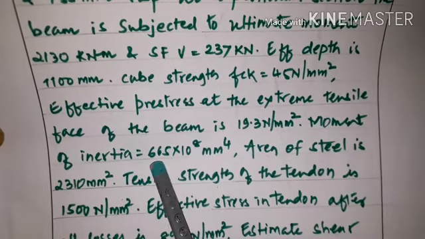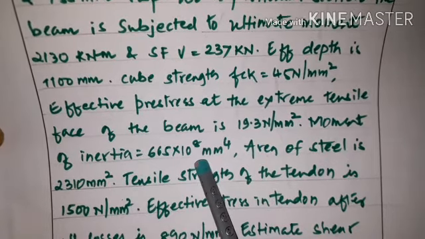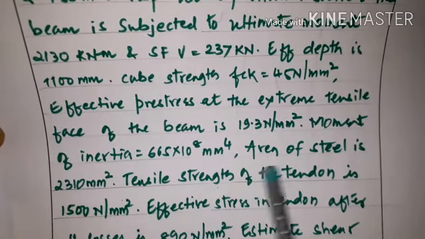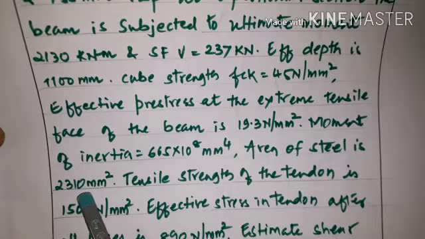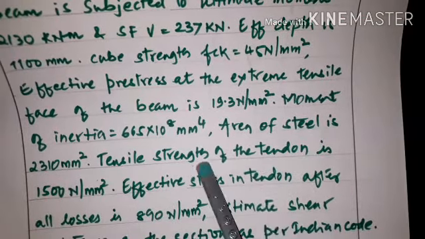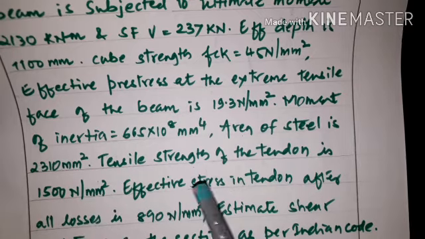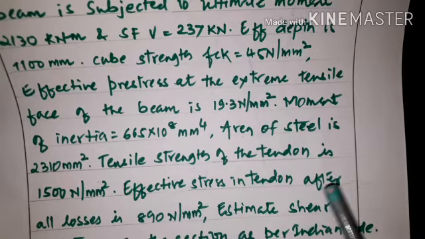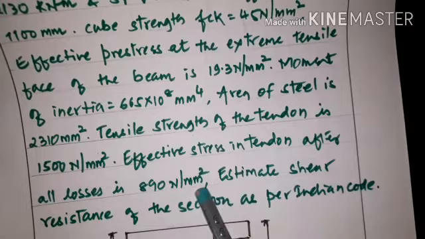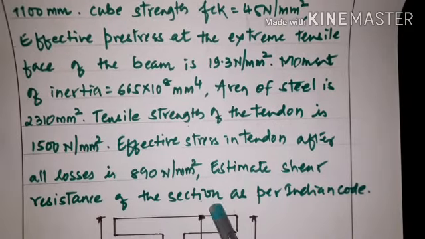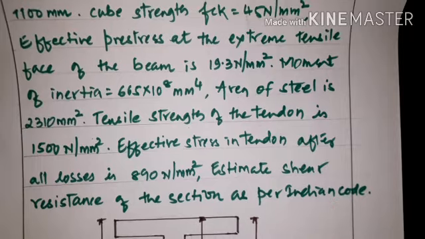Moment of inertia is 665 into 10 raised to 8 mm raised to 4. Area of steel is 2310 mm square. Tensile strength of the tendon is 1500 Newton per mm square. Effective stress in tendon after all losses is 890 Newton per mm square. Estimate shear resistance of the section as per Indian code.